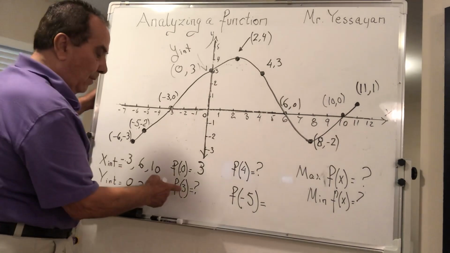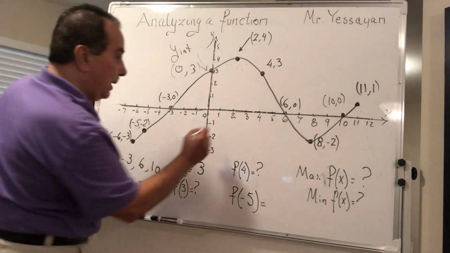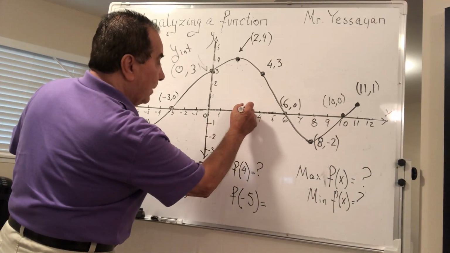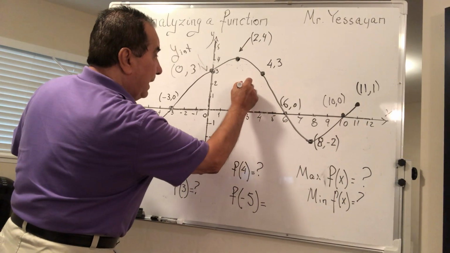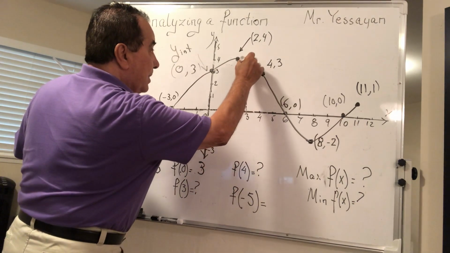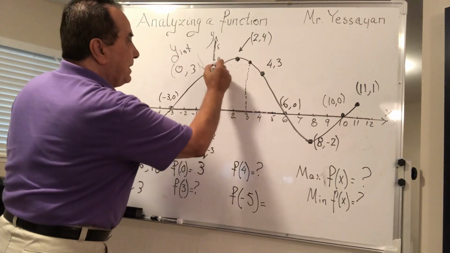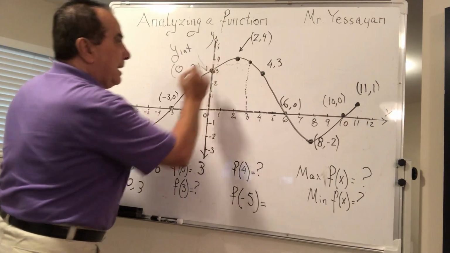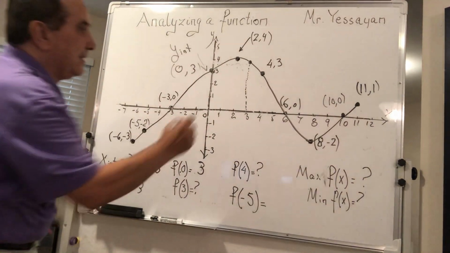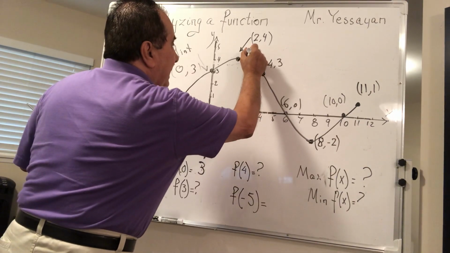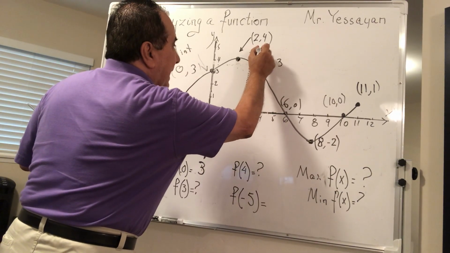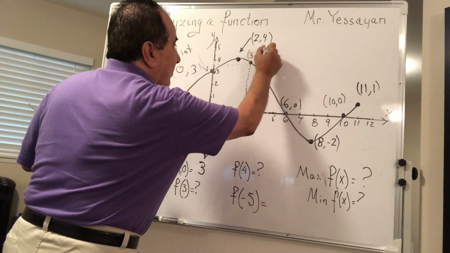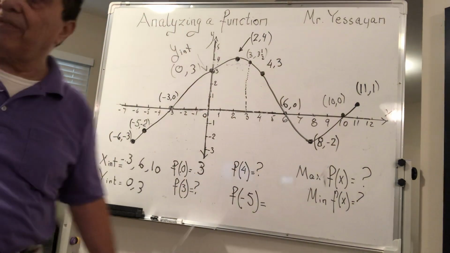To find the value of the function when x is 3, wherever it cuts the function, there it is. That's the value, which is approximately 3.5. There you go. This is 3 and 3.5. That's the value of y.